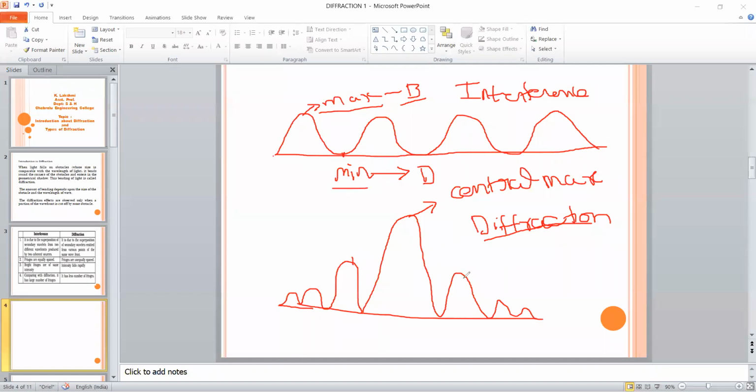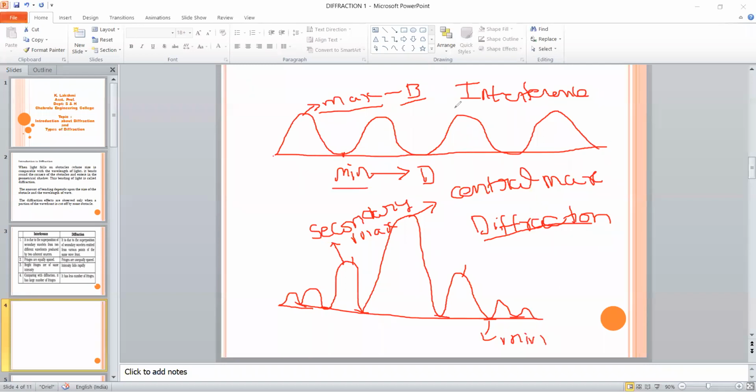On both sides of the central maxima, they are named as secondary maximas. Then all these other cases belong to minima.